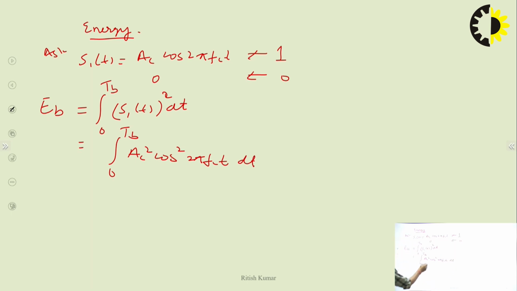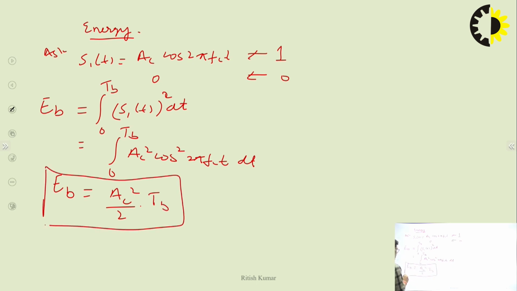If you integrate the square of this signal, Ac square cos square 2 pi fc t dt, over one bit period, you will have Eb equal to Ac square by 2 into Tb. This is the bit energy of 1 bit of the ASK signal.